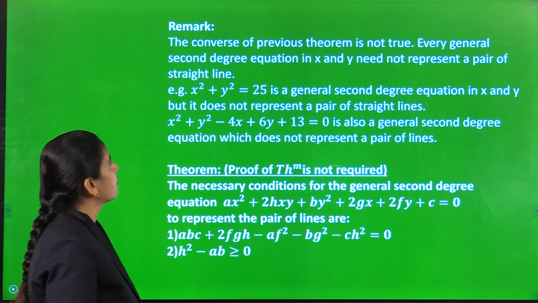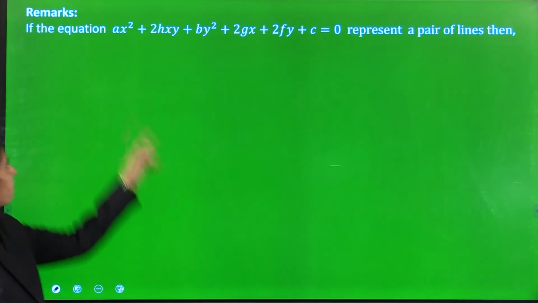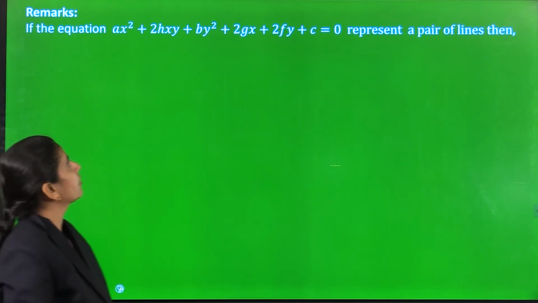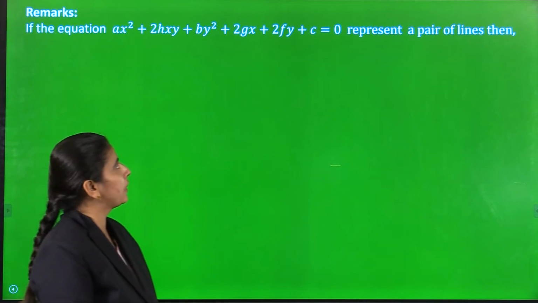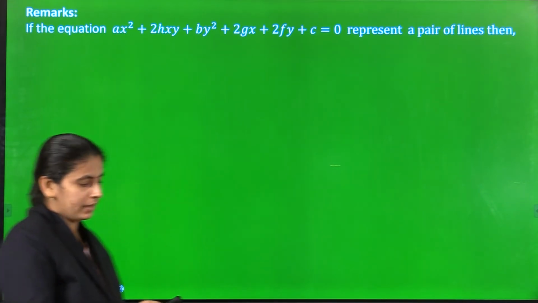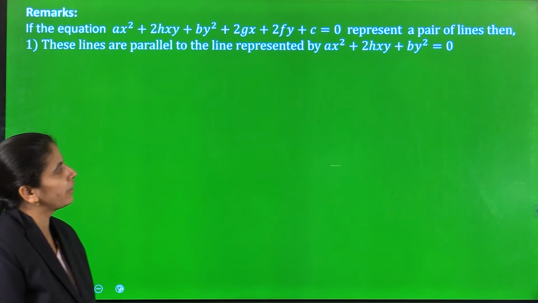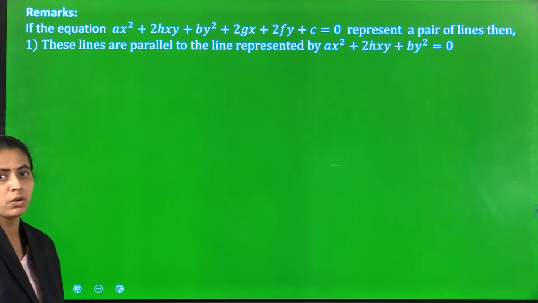Next remark is: see the equation, if the equation ax square plus 2hxy plus by square plus 2gx plus 2fy plus c equal to 0 represents a pair of lines, then the first remark is these lines are parallel to the lines represented by ax square plus 2hxy plus by square is equal to 0.